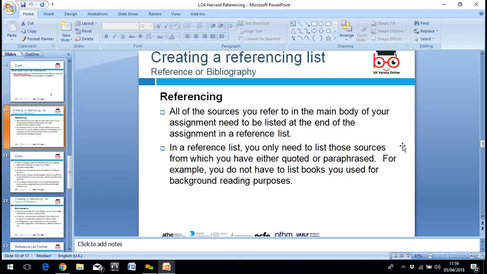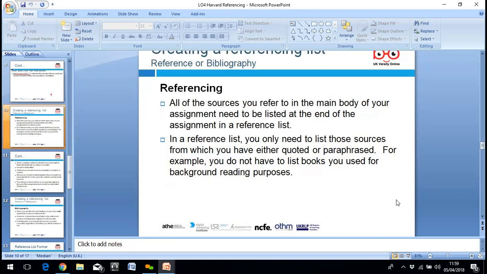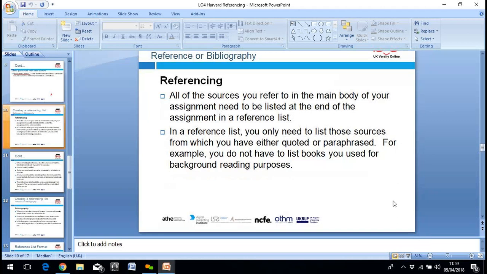If you were doing a degree, for example, and your tutor had insisted that you needed to do something called a bibliography, which I've put up here, then you would need to add those books as well. But for our purposes, when you're doing a reference, you just need a reference list of the books you've actually used in your research.